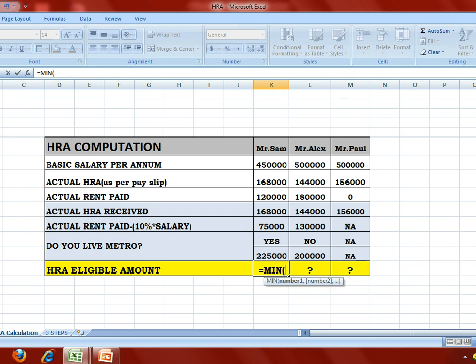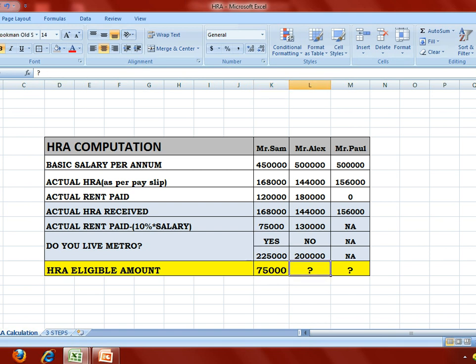It is either the value arrived based on living in Metro or non-Metro, or the actual rent paid minus 10% of the salary, or the actual HRA received, for which you need to write a minimum condition using Microsoft Excel. 75,000 rupees is the actual HRA eligible amount for Mr. Sam, though his actual HRA is higher than this eligible amount.